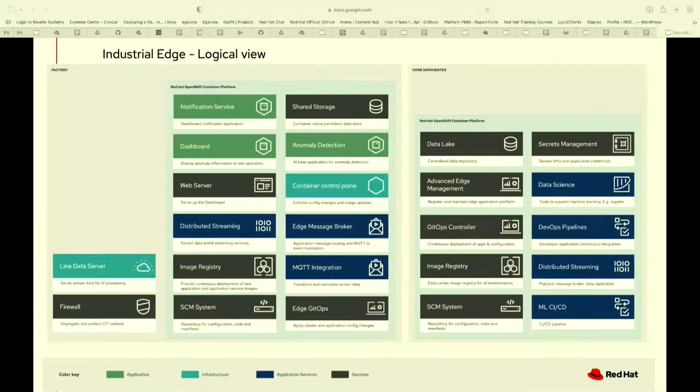This is the further logical breakdown. On the left is the factory, and the factory is not a typical edge location. You still have a factory data center. It could be just a cluster in a cloud somewhere. It's fairly beefy. It's not something you find in a bin. You have a line data server that's connected to sensors, and a firewall to protect the operational data.